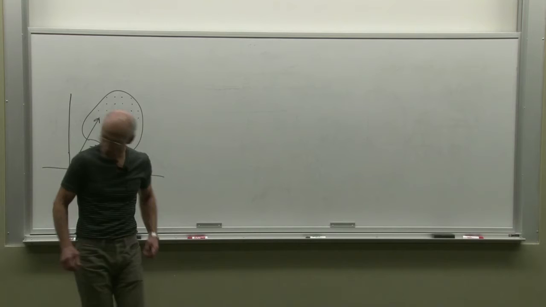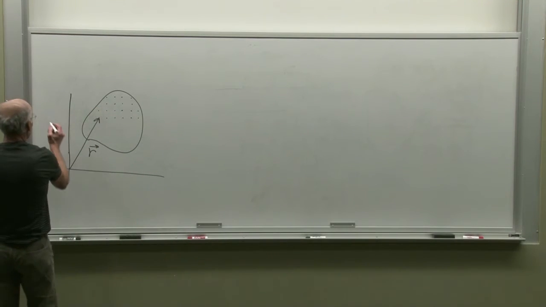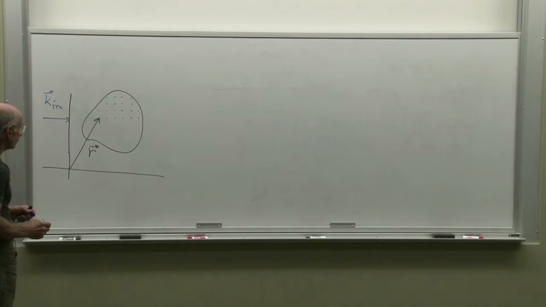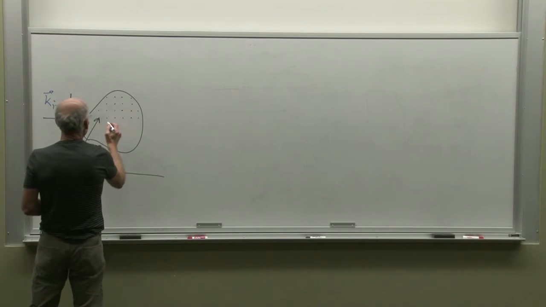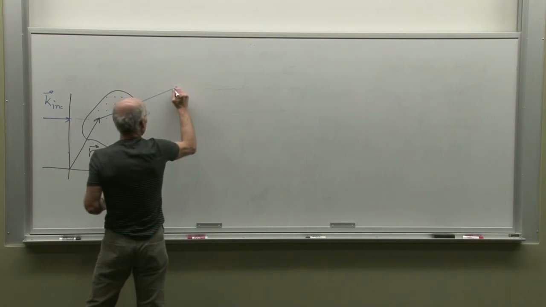Let's get a blue laser here, shine the light in, and we're going to give it some wave vector k incident, like so. The light hits one of these point scatterers, scatters out to the detector.